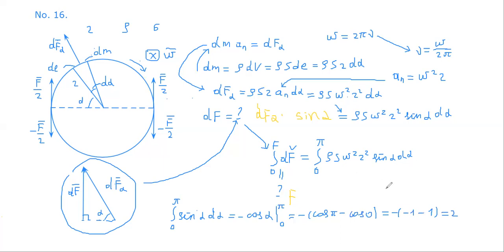So from this we have F is equal to 2 rho S omega squared r squared.